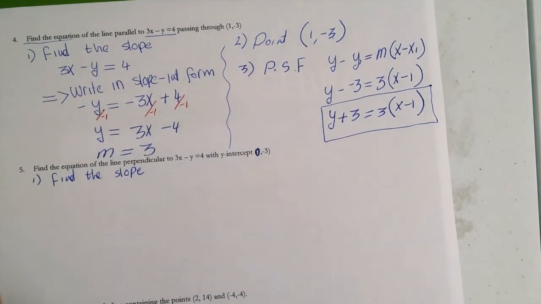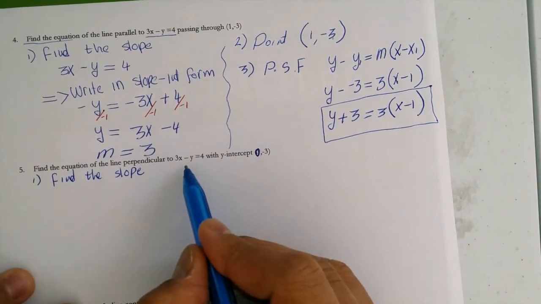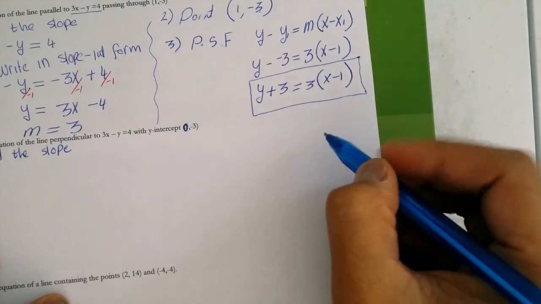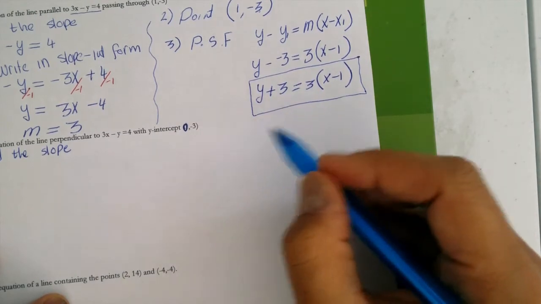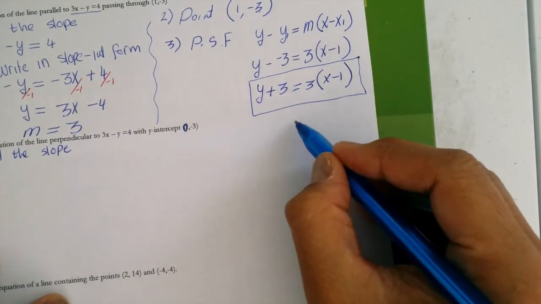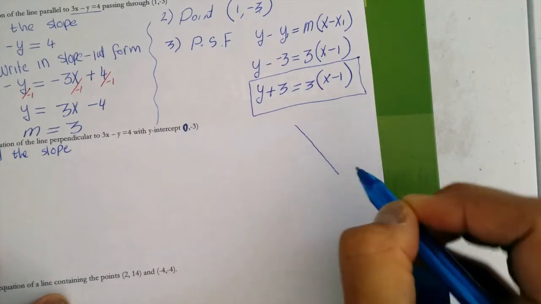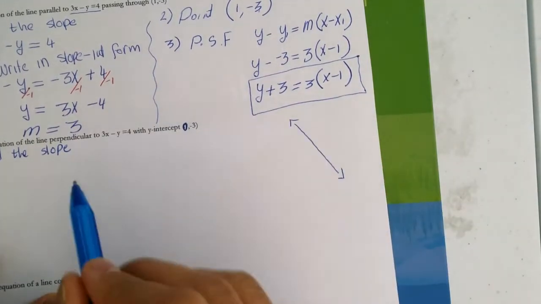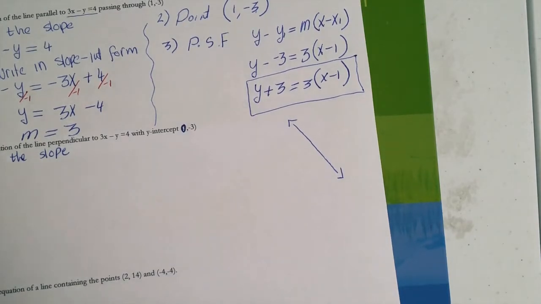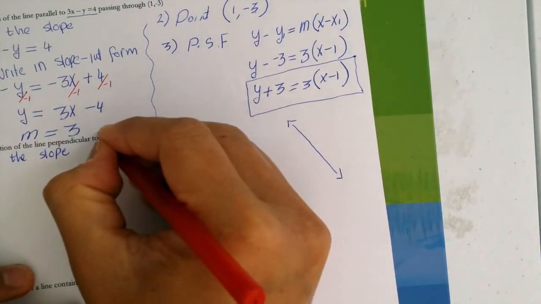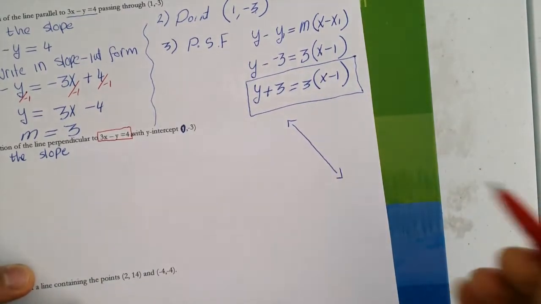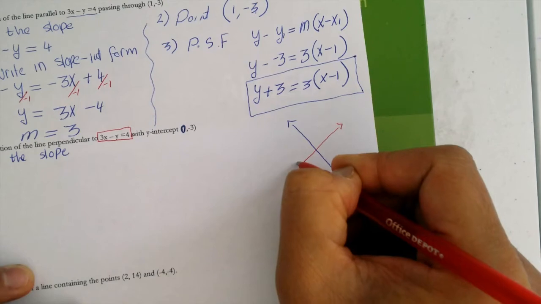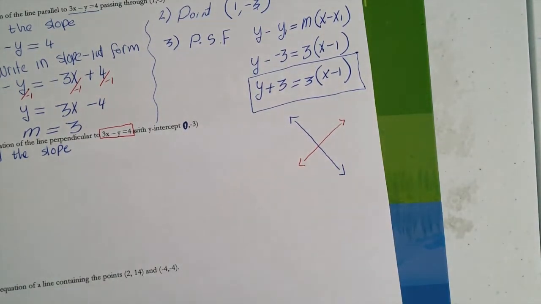The line we're currently looking for is perpendicular to another line. So let me try to sketch an image for you. Maybe we are looking for this line. This is the line referring to the equation we're looking for. We are given another line which happens to be perpendicular to our line.